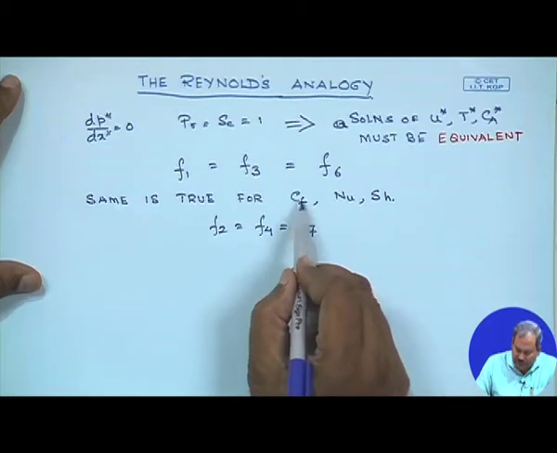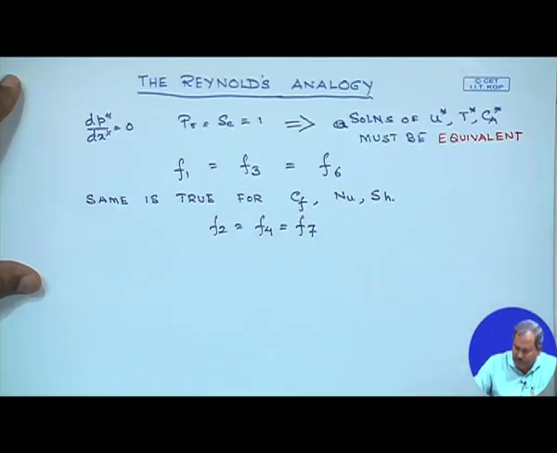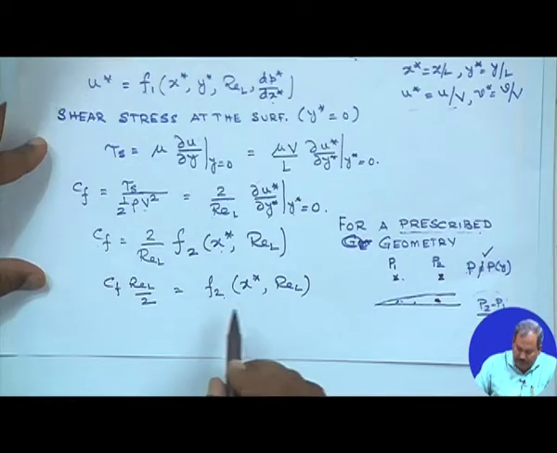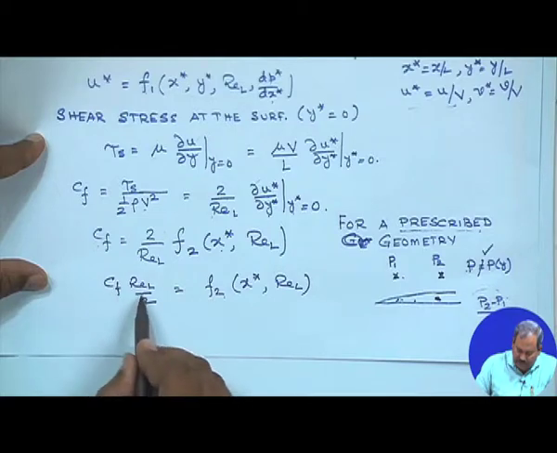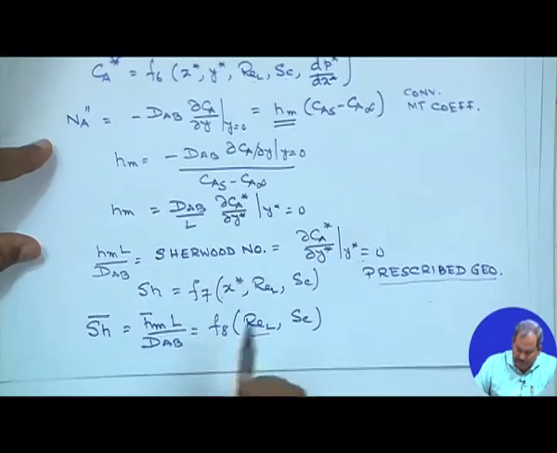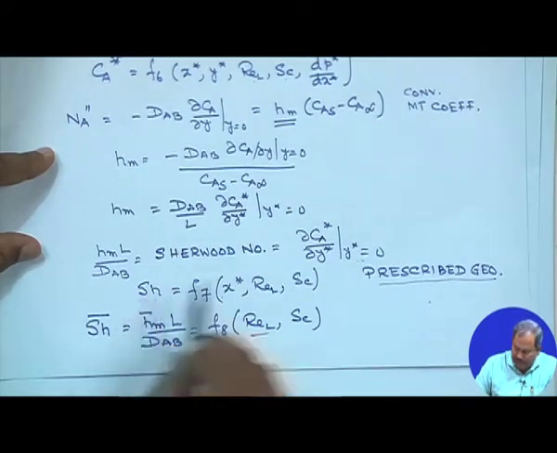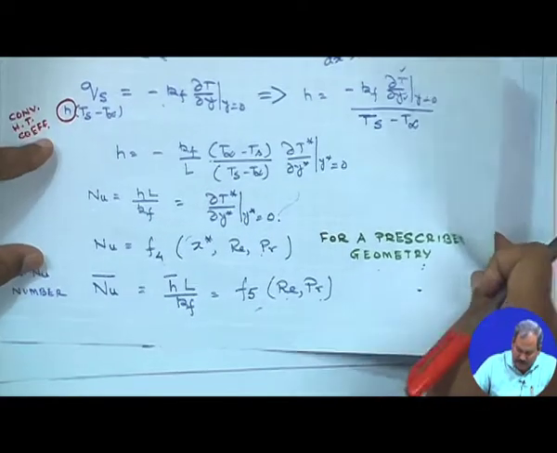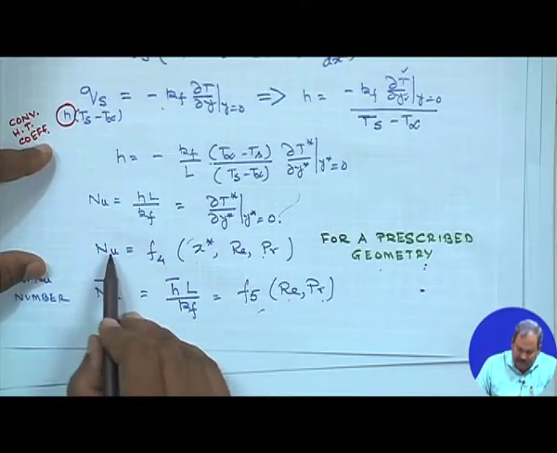So, F2 is nothing but, if you again see the definition of F2, is Cf REL by 2, F7 is Sherwood number and F4 is Nusselt number.